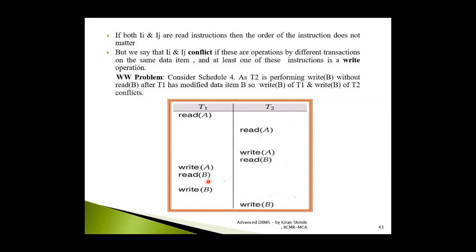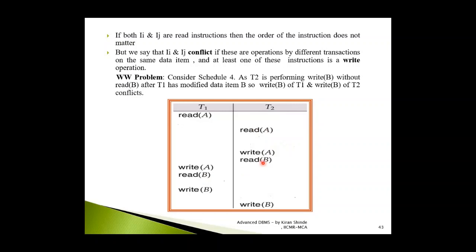First, let us see the sequence in which the instructions are executed in this schedule. T1 reads data item A. After that, T2 starts, reads data item A, and then modifies it.